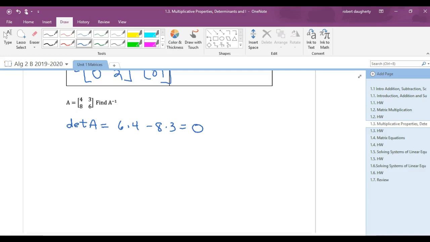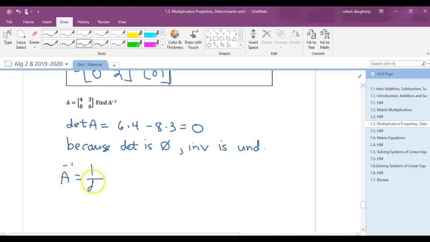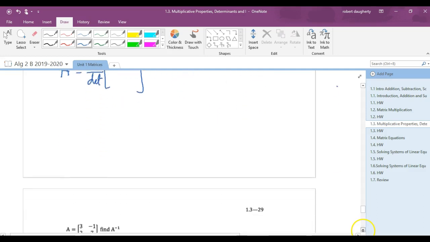So here, when the determinant is 0, the inverse is undefined. Because remember, the inverse is going to be 1 over the determinant, okay? So you cannot divide by 0. So the minute you get a determinant of 0, the inverse of that matrix is undefined. So less work to do once you get there.